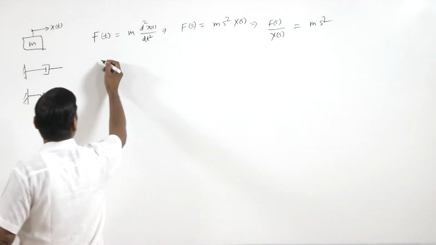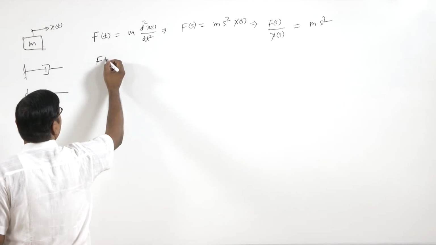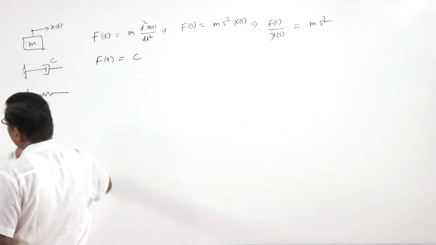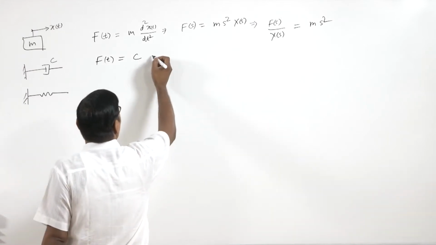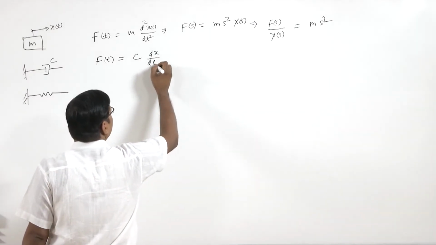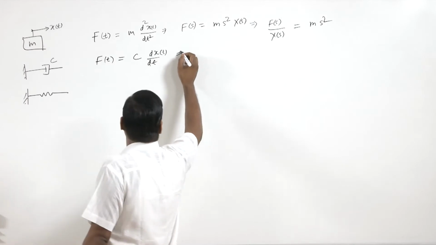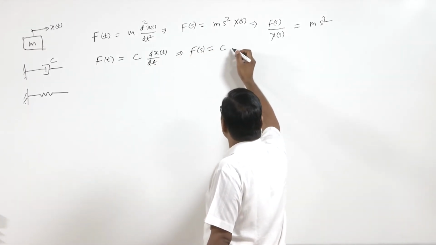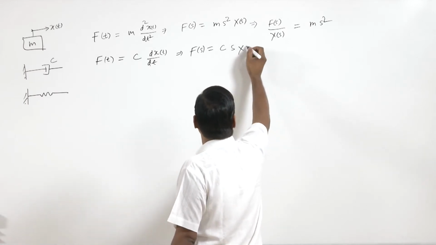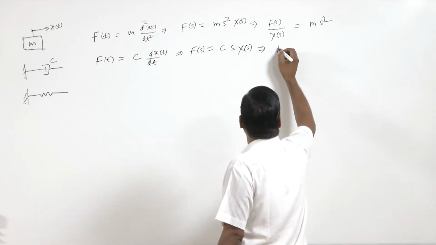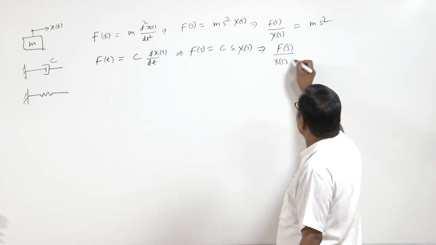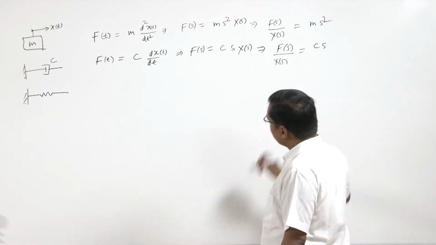Similarly, for a damper, the damper force is C dx by dt, and when we take the Laplace transform, it is C s X(s). So the impedance is F(s) by X(s), and that is equal to Cs.